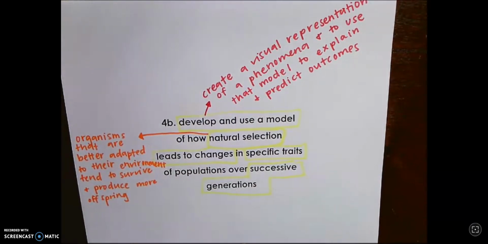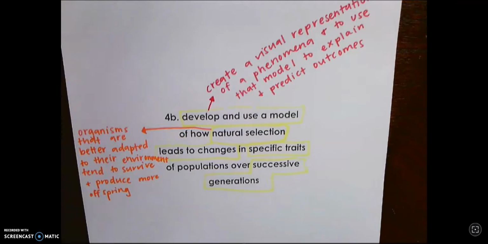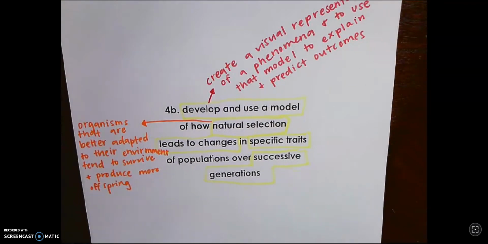So I'm going to reread that because it was a little disjointed. This says organisms that are better adapted to their environment tend to survive and produce more offspring.